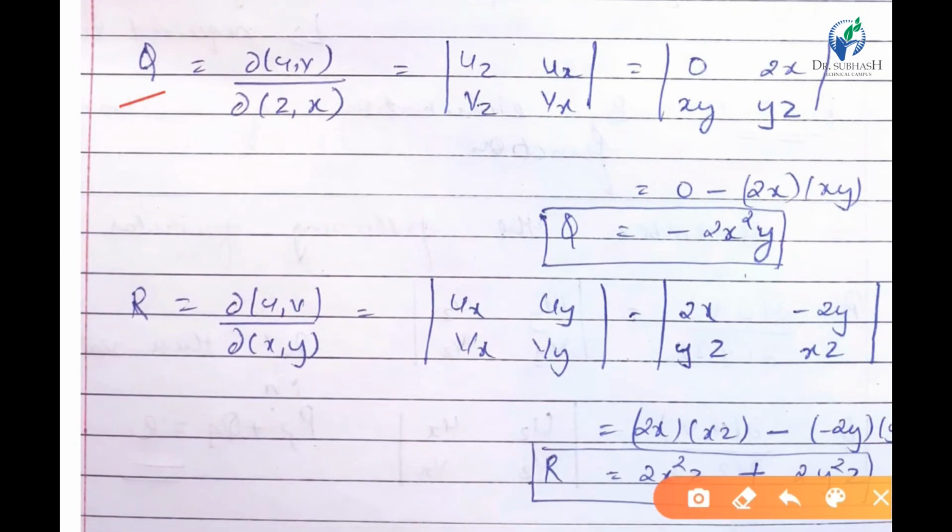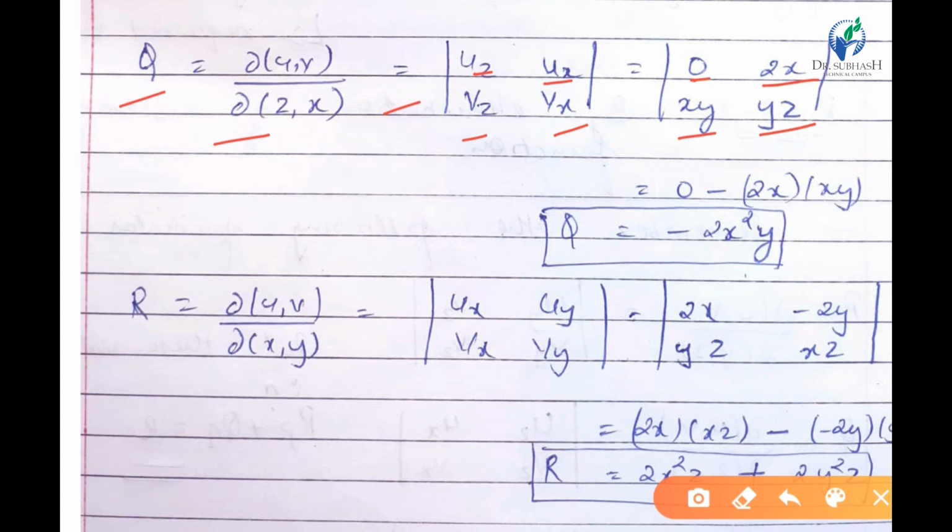Q equal to del(u,v) upon del(z,x), which is equal to the determinant of uz, ux, vz, vx. So this is equal to 0, 2x, xy and yz.